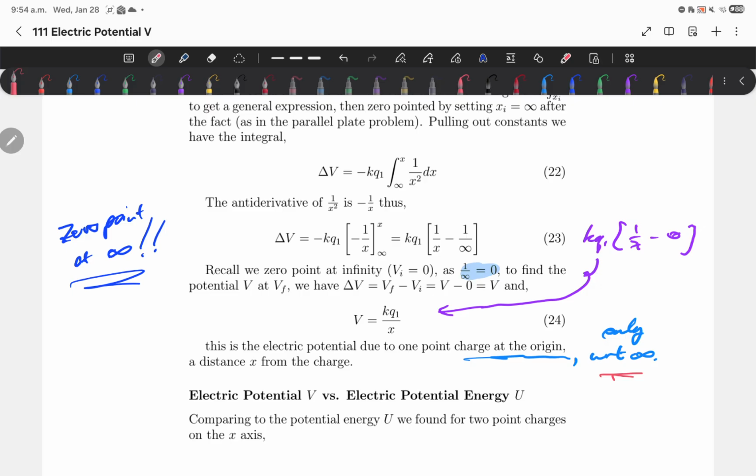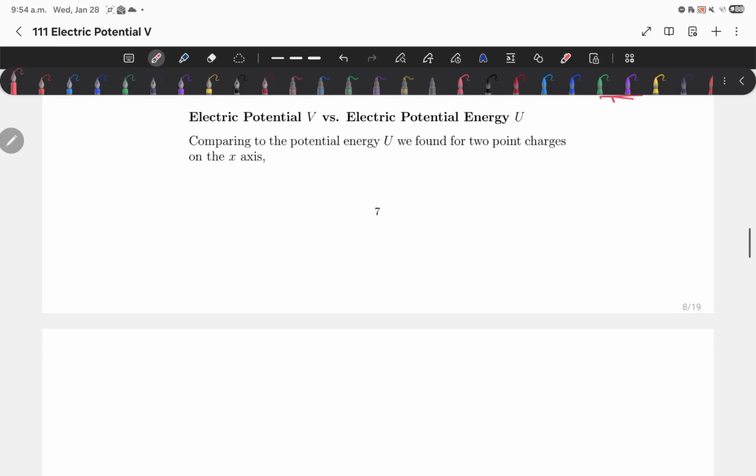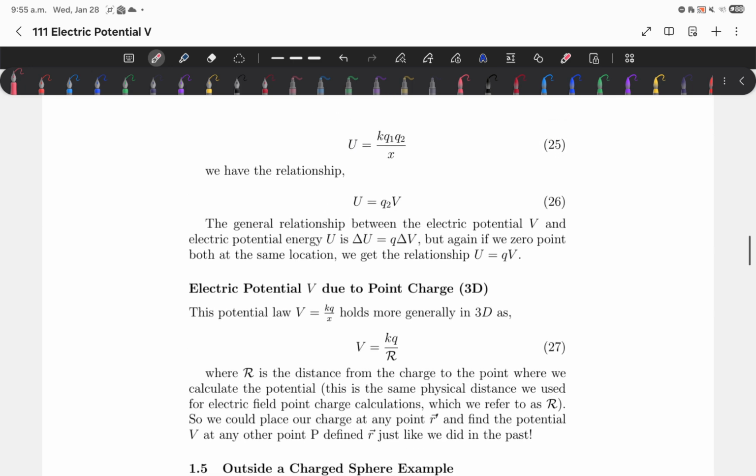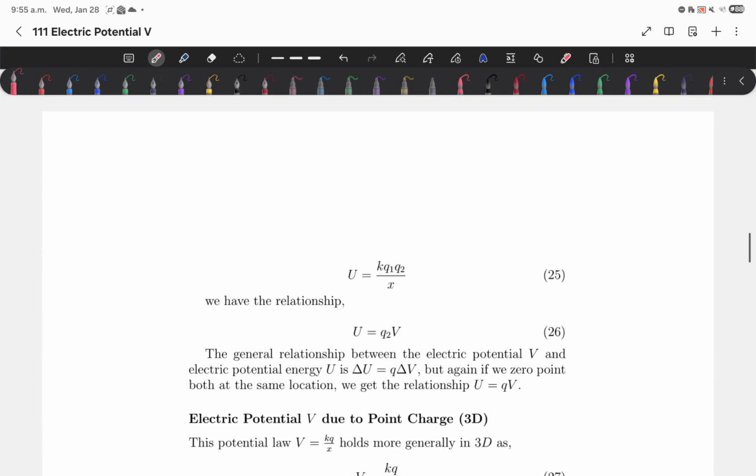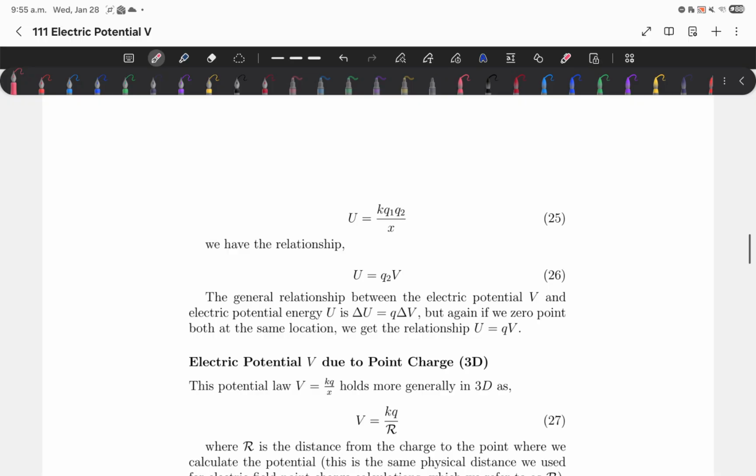And this thing actually works more generally. First off, we had kq over x for the single point charge. Last class, we asked, what's U for bringing another point charge in from infinity? That was kqQ over x. So if we relate what we got this class, kq over x, to last class, kqQ over x, we get the relationship U equals QV again.